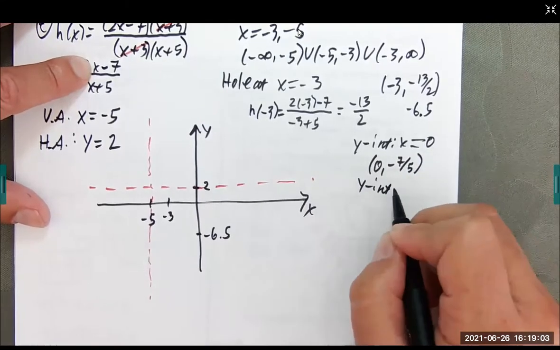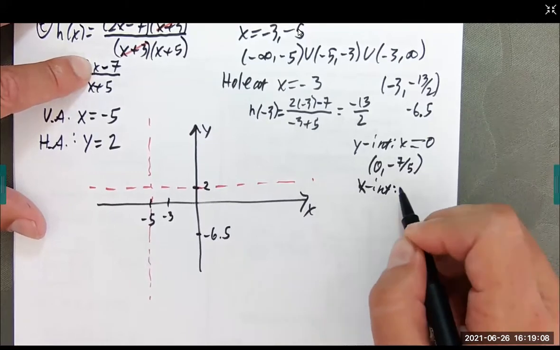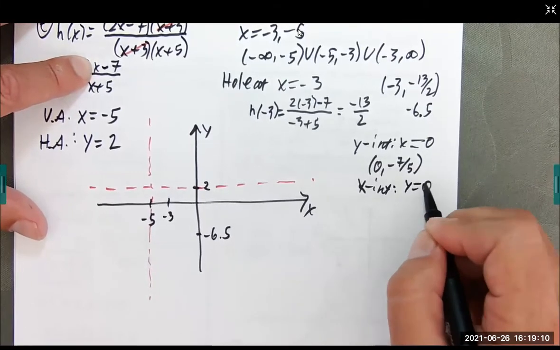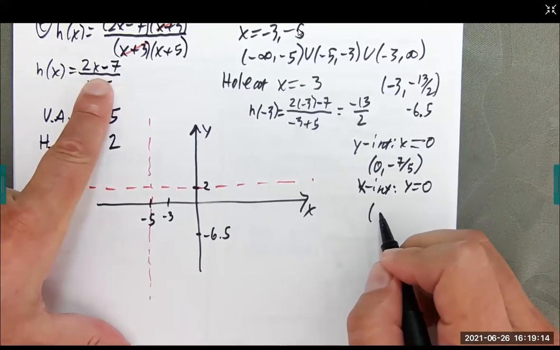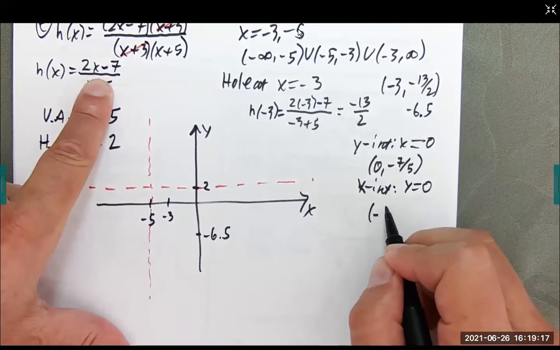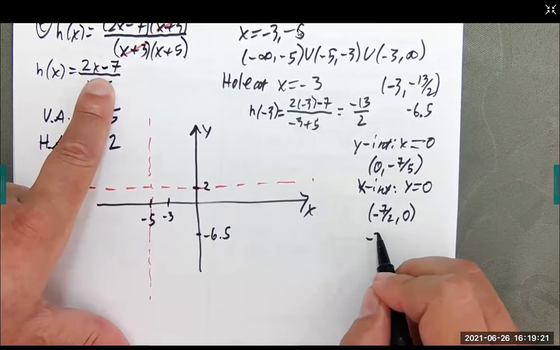X-intercepts, that's when y equals 0. Again, that's where the numerator equals 0. So it looks like we're going to be at -7 halves, 0. And -7 halves is -3.5.